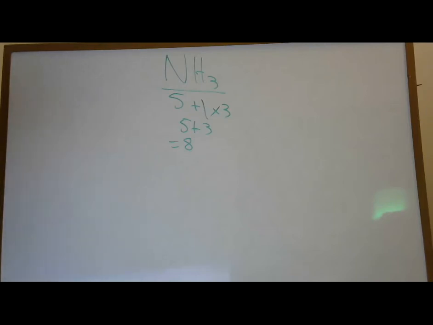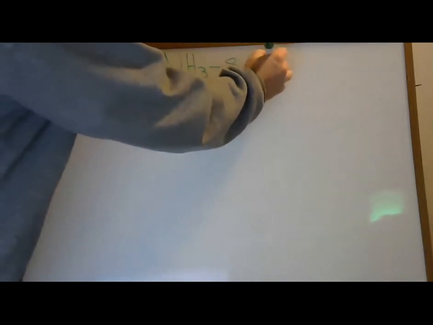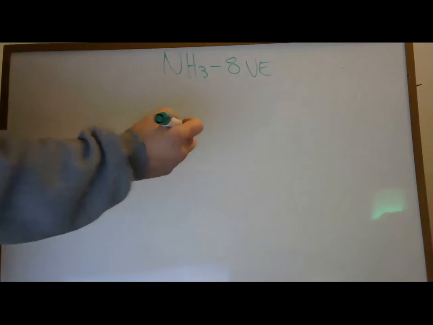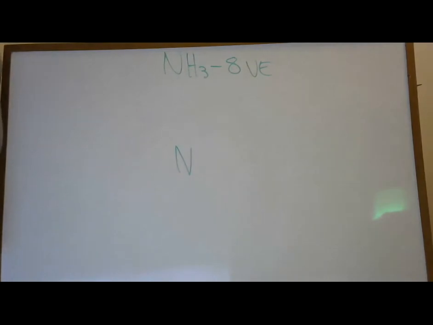So now we go back to our steps. We've got 8 valence electrons, H3. I just call them VE, valence electrons. If there's 1 of nitrogen and 3 of hydrogen, then nitrogen is going to go in the middle.